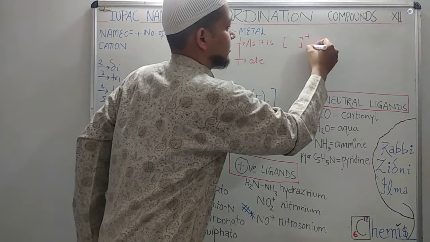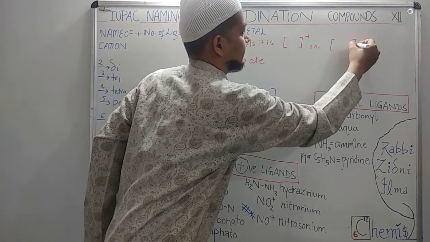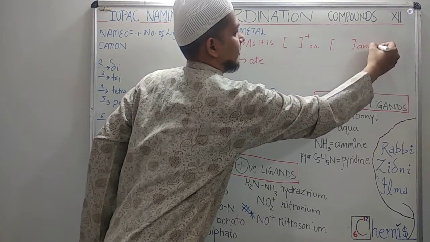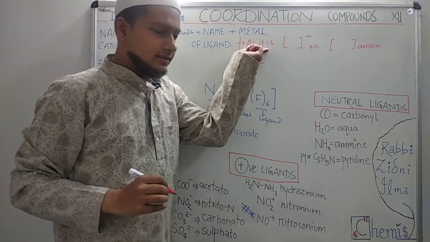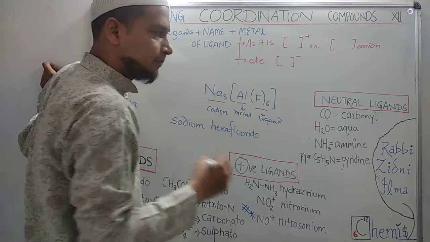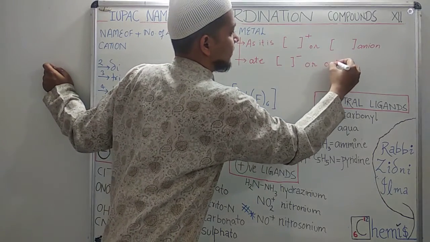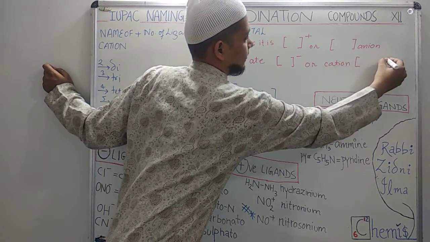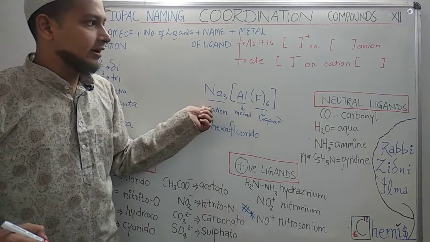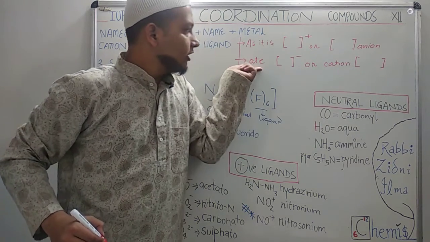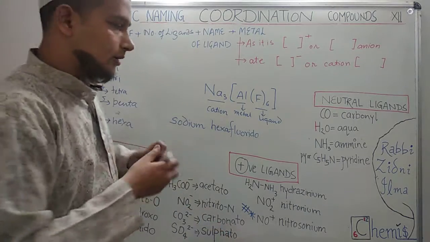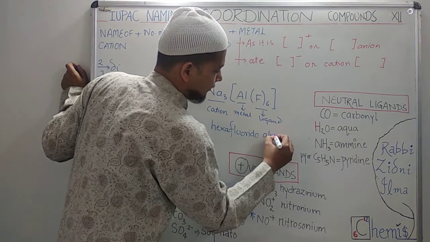Or the second condition says the coordination sphere is neutral and an anion is present, then again as it is. For ate we must have a negative charge on the coordination sphere, or you can say a cation is present, then you will use ate. For this particular case, here we have a cation, this condition is satisfied, we will use ate and the answer will be aluminate. So we will not write aluminium, we will write this as aluminate.